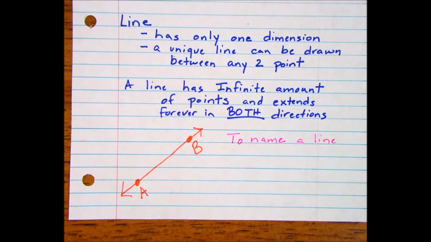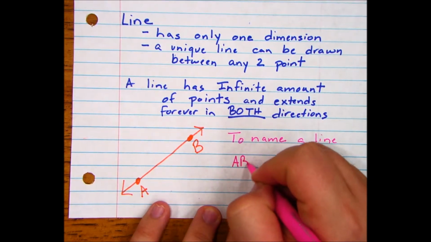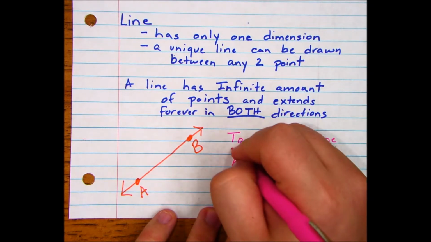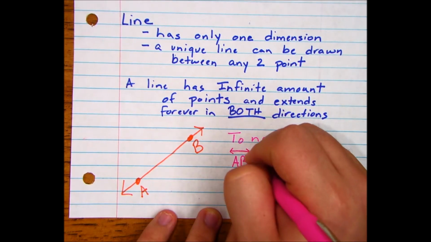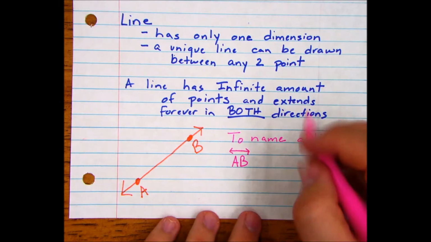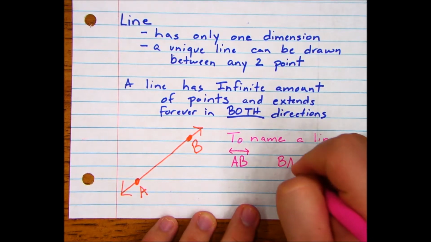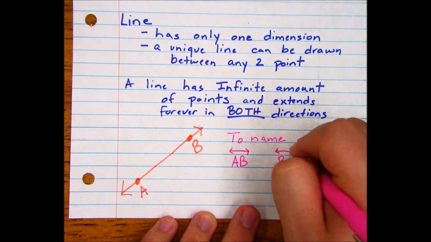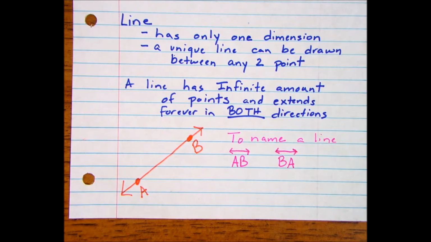And to denote it as a line, I'm going to draw a simple line on top of AB. And since I'm not prejudiced, I could easily use BA. Both AB and BA are the same exact line. They're interchangeable. Order does not matter when we're talking about a line.